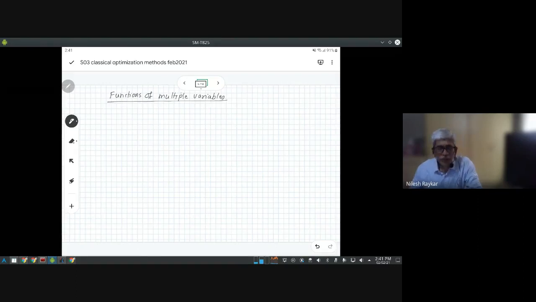Although it may appear very mathematical or somewhat boring in the afternoon session, this course is not totally mathematics based. Later on we'll see how these calculus based methods can be made more effective or efficient by using numerical methods. But this is the fundamental which we have to understand, on the basis of which the non-calculus based methods have evolved.